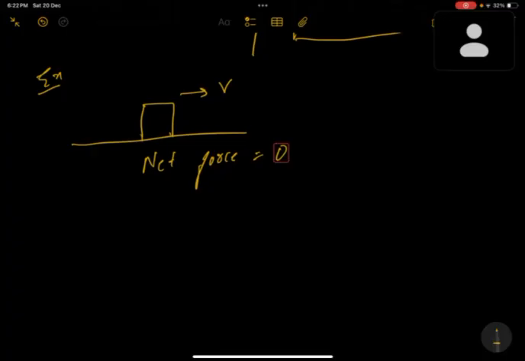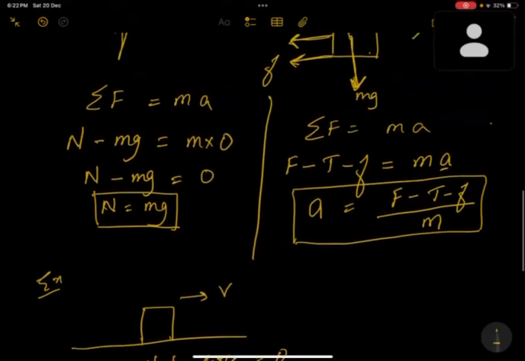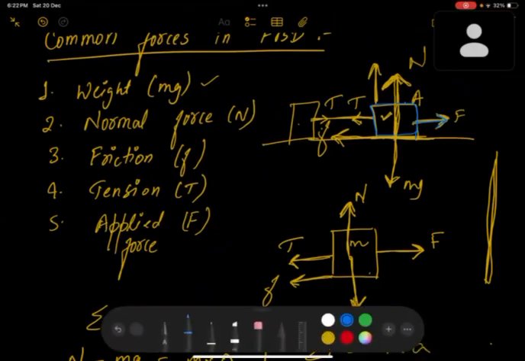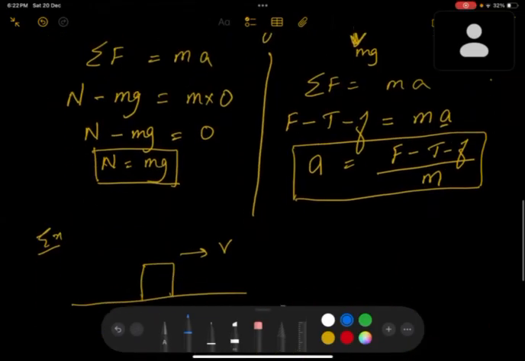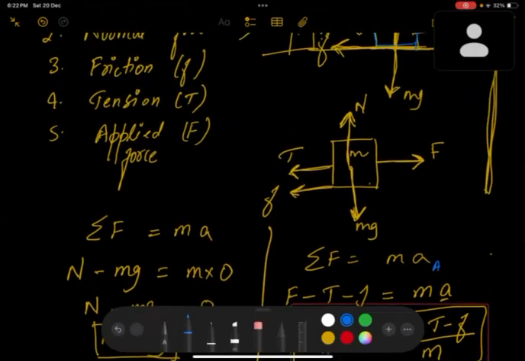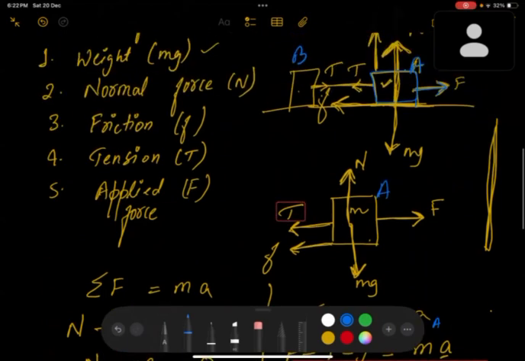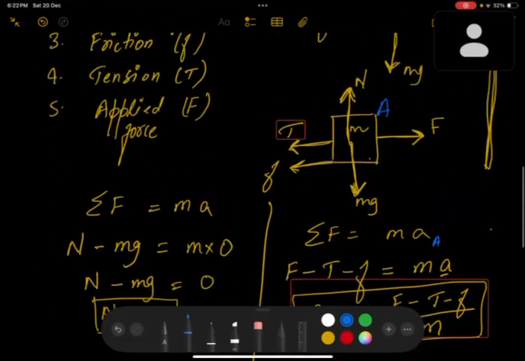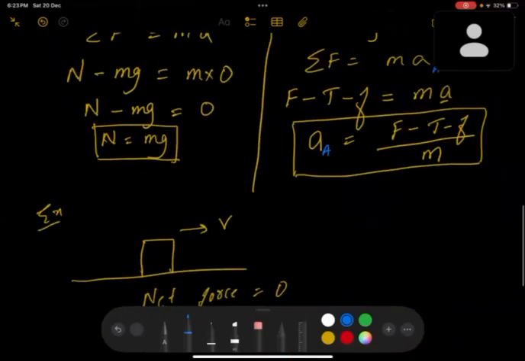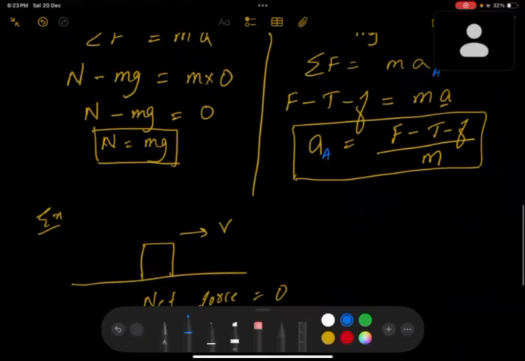Okay, in this first part, let's say this body is A, and let's change the color, this is B and this is A. The acceleration that I have found is the acceleration of A. As you can see, I have drawn the object A, and there is object B. I haven't drawn the FBD of object B, and neither have I found out the acceleration of object B. Can you find out the acceleration of object B?